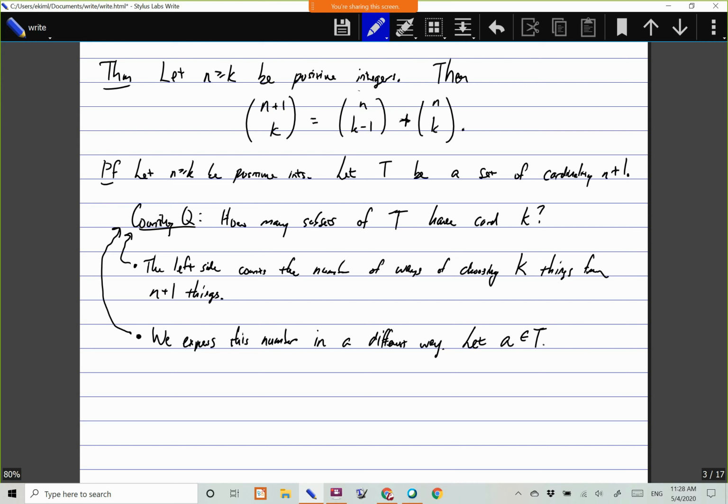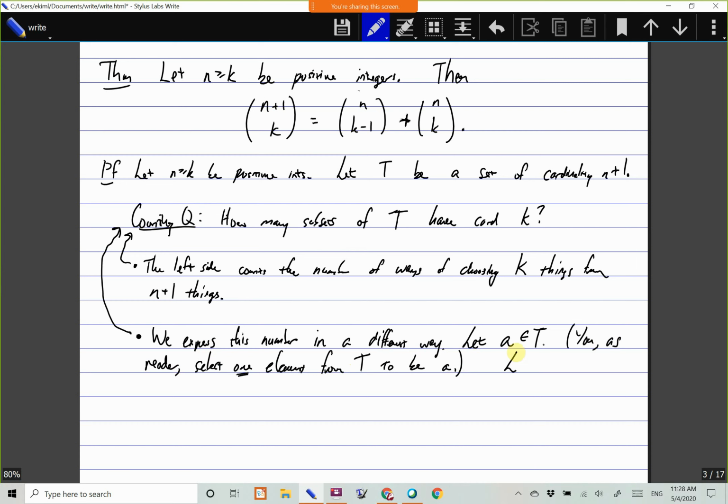I'm saying that you as the reader, whoever's reading this proof, get to select one element from T to be called a. Any element of your choice, but you fix it.